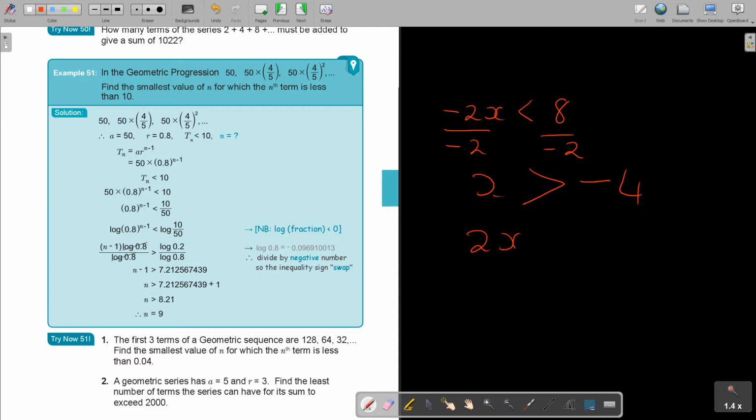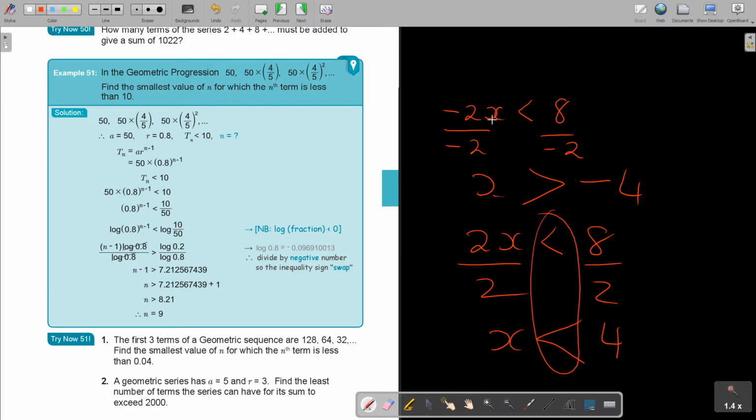If you divide, it's just working like equations. If you divide by a positive, then it stays the same. But if you divide by a negative, it swaps around. Okay, and this is the reason you have to go and press on your calculator. Log 0.8, and that's a negative, and check here, that sign was swapping around.